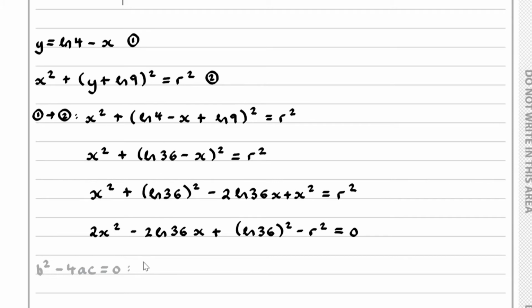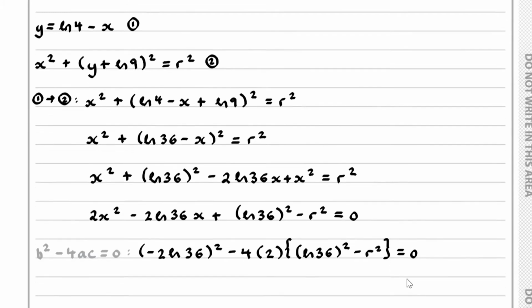So we have minus 2 times the natural log of 36, squared, minus 4 times 2 times, well, here we have natural log of 36 squared minus r squared, equals 0.